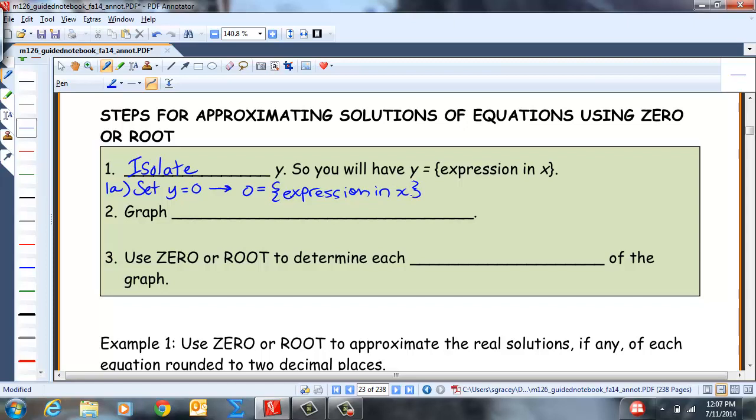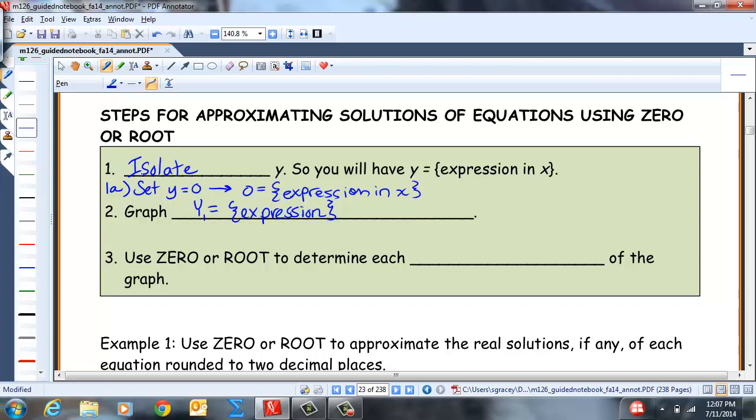So basically what you're doing is you're finding the zeros of this equation, the zeros for x, which are also the x-intercepts. So then you're going to graph y1 is equal to this expression in x. Right? So this is what you're actually solving.